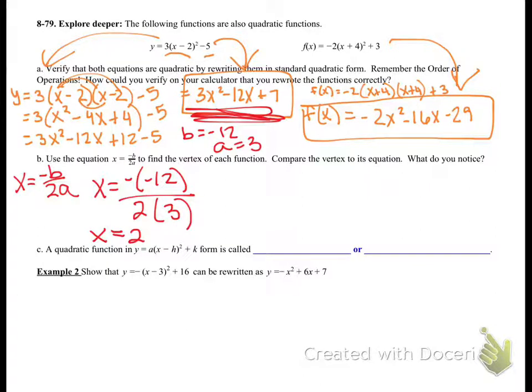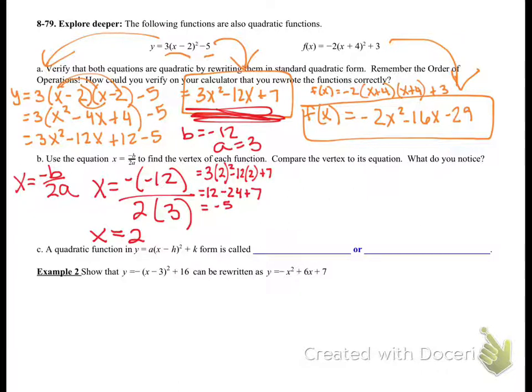When I plug 2 into standard form, I get 3 times 2 squared, and then if I work this out, 2 squared is 4, so I have 12 minus 24 plus 7, which is negative 5.